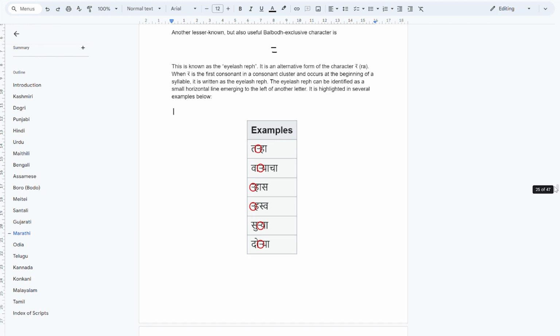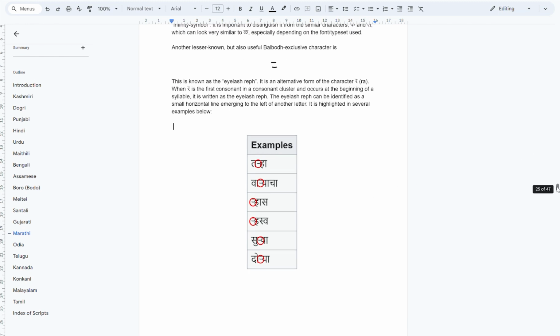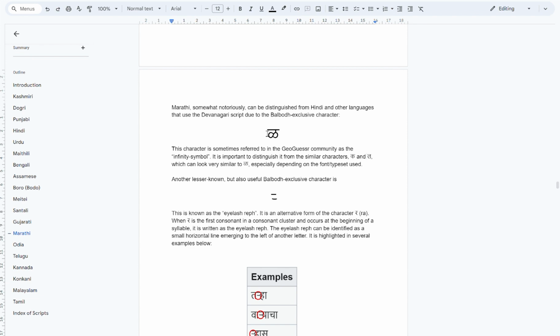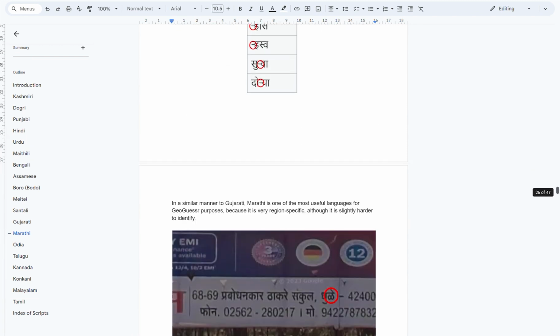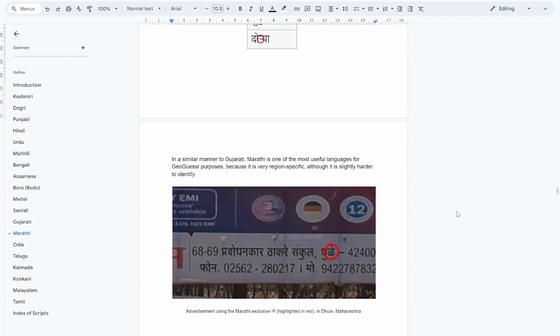And that's another example of a character that's exclusive to Marathi. Now this one, the eyelash ref, is much less common than the infinity symbol, and you can pretty much rely on the infinity symbol alone, but that one's just another useful one to know of in the rare instances that it does come up.